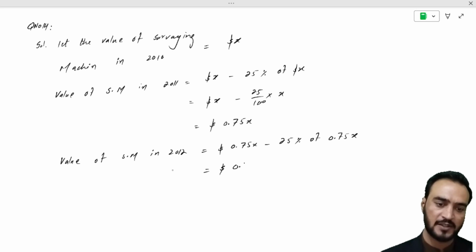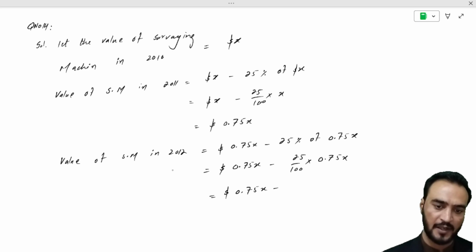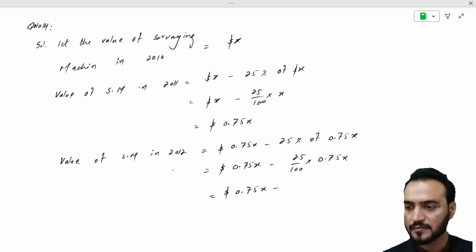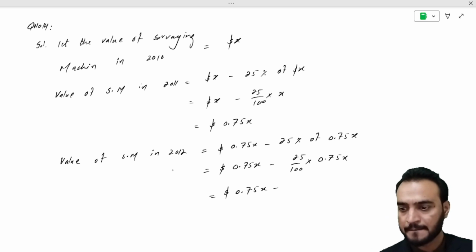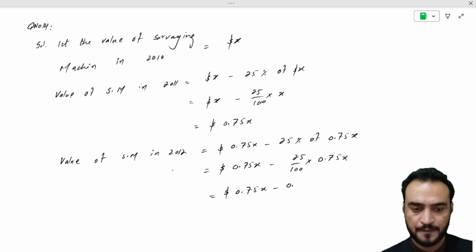So 0.75X minus 25 over 100 times 0.75X. Simplifying, 0.75X minus 0.25 times 0.75X.